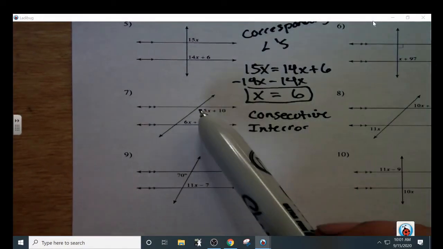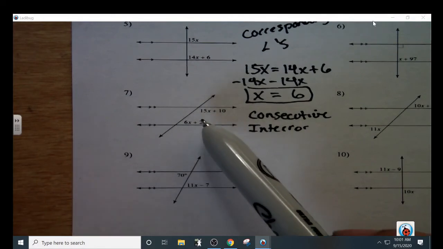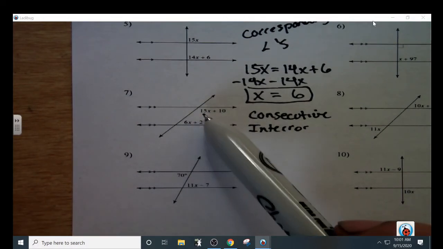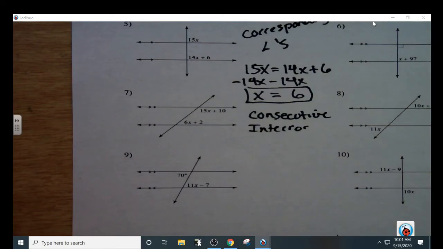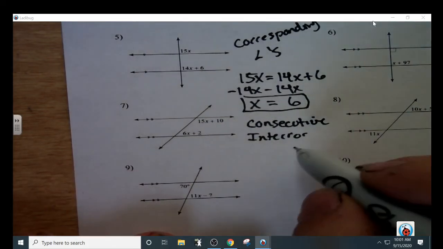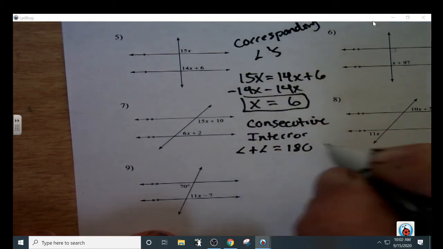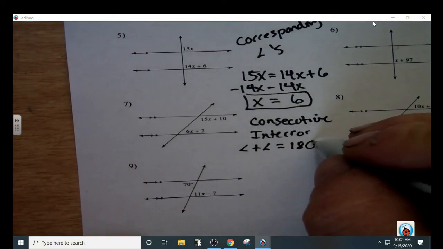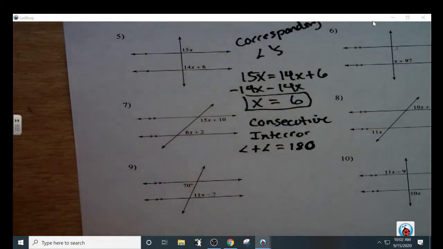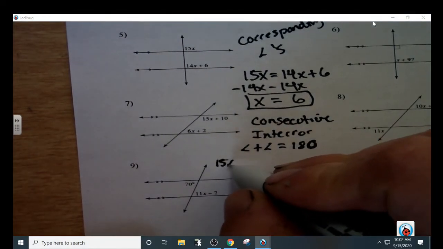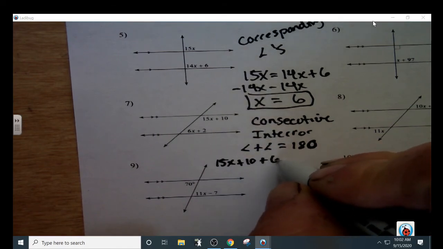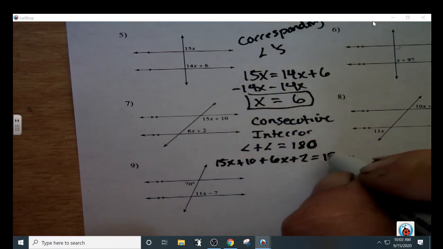guys, think about it. They're on the same side of the transversal, and if you leave one angle, you run right into the other, so they're consecutive. Guys, remember, consecutive is one of those supplementary pairs. So to find those, you're just going to add the angles together and set them equal to 180. Okay. All right. So 15x plus 10 plus 6x plus 2 equals 180.